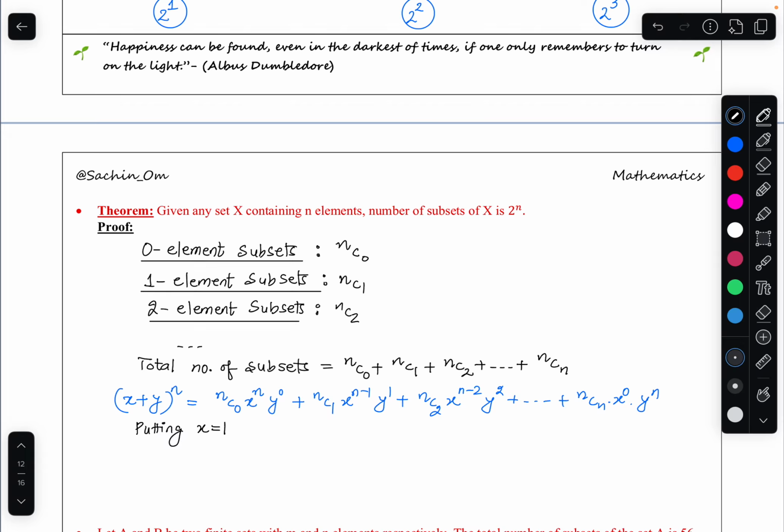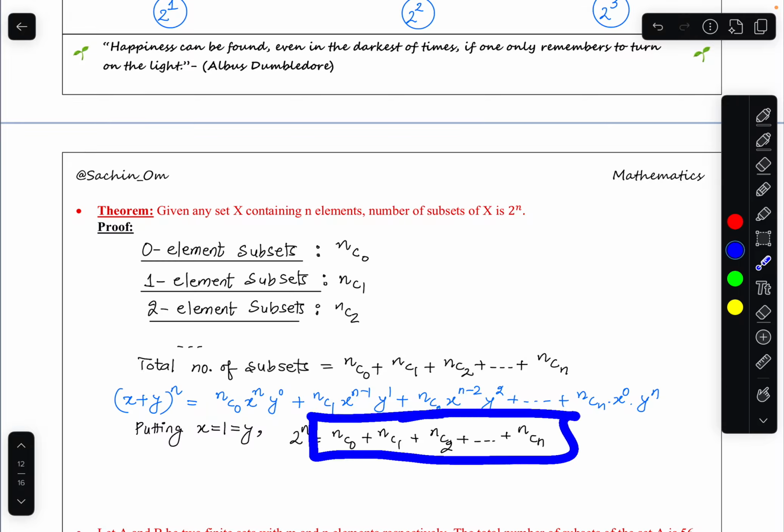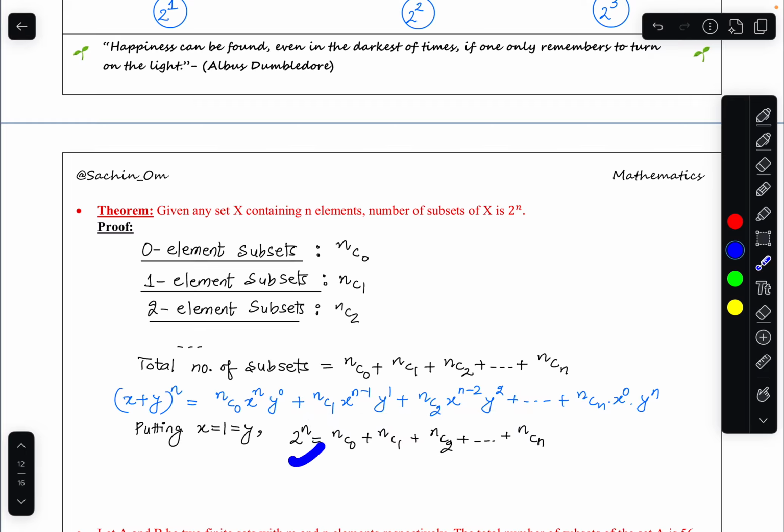Putting x and y equal to 1, on the left side I'll have 2 power n, and on the right side I will have nC0 plus nC1 plus nC2 and so on up to nCn, which is also what I was looking for. I was looking for the sum of this expression, and the sum of this expression is equal to 2 power n.